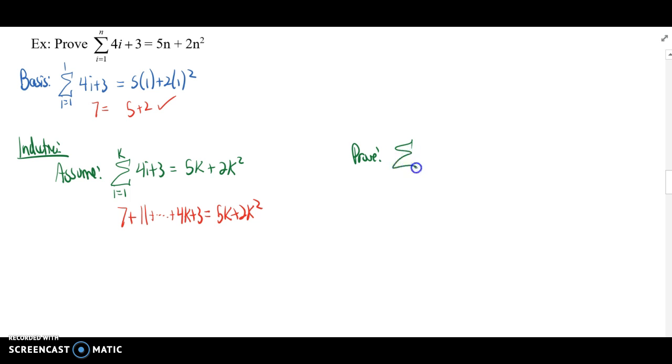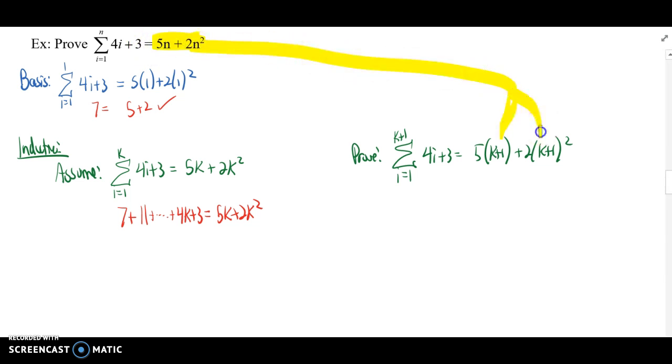We want to prove that the sum going not from 1 to k, but to k plus 1 of the same function is now equal to 5 times k plus 1 plus 2 times k plus 1 squared. We're taking this right-hand side and we're plugging in k plus 1 anywhere that we see the n. All right, so what does it mean for us? If we expand the left-hand side out, we get 7 plus 11 plus dot dot dot.